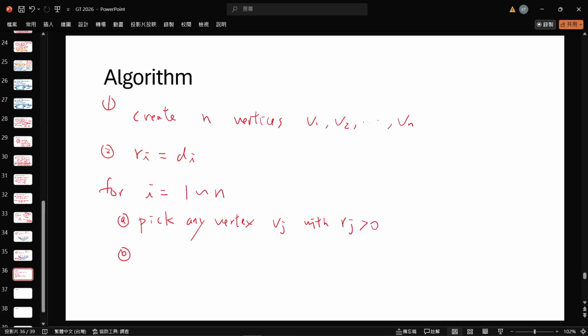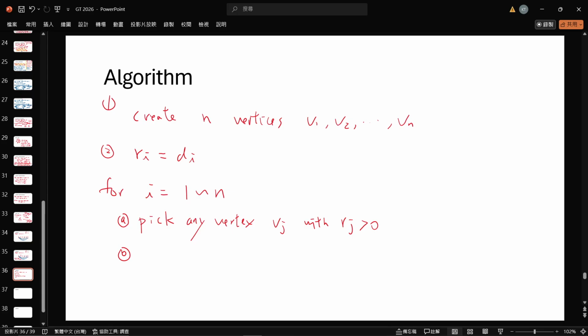Okay, and then we'll pick Rj vertices. First of all, it cannot be Vj because these vertices will be the neighbors of Vj. So when we pick neighbors, we cannot pick Vj. And these vertices must have the highest degrees, and they cannot have remaining degree 0.